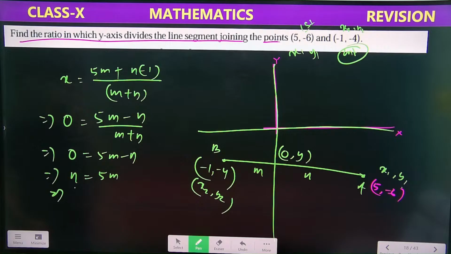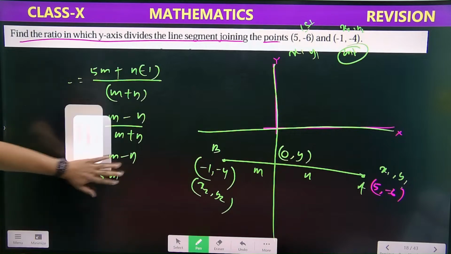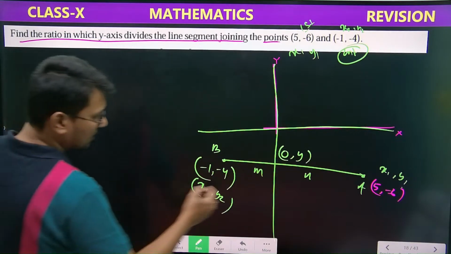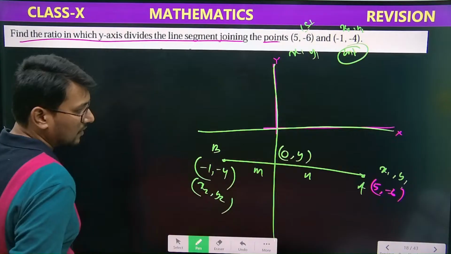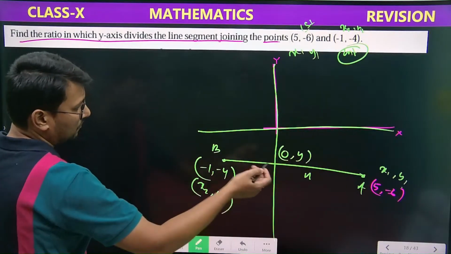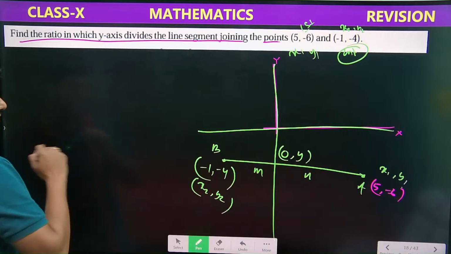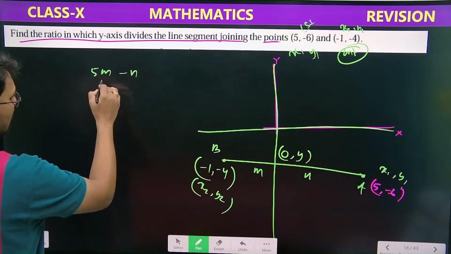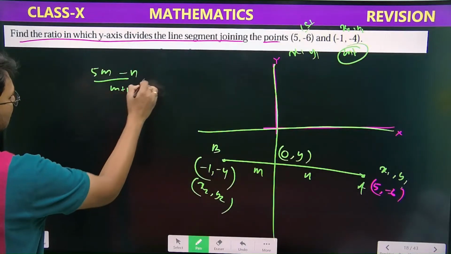5:1 should come, 5:n. m by n, 1:5 is again coming by this method here. What happened? Where is the mistake? So mn, correct? 5m and minus n by m plus n equals 0.